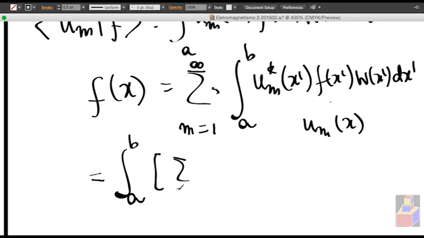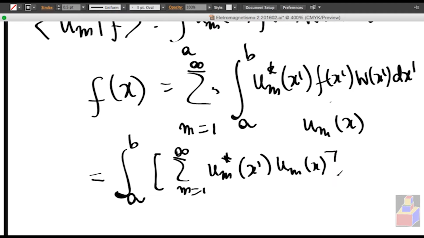I'm just interchanging symbols here. Of x, okay.